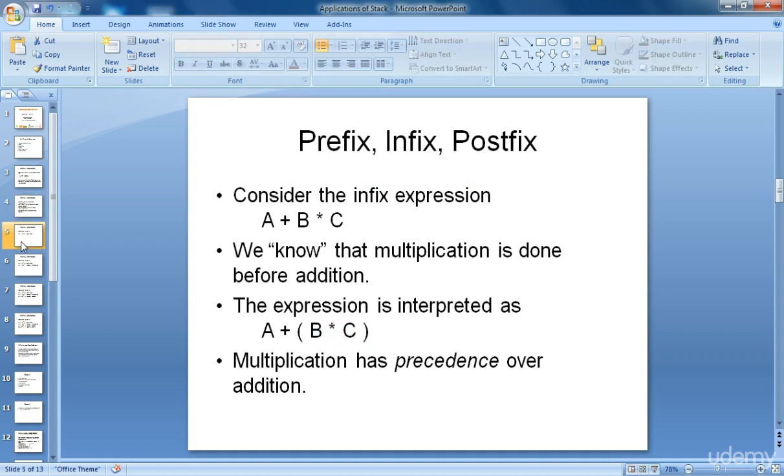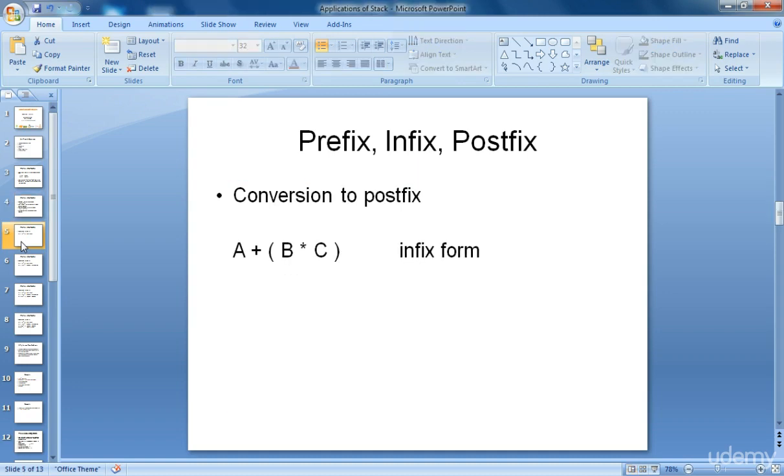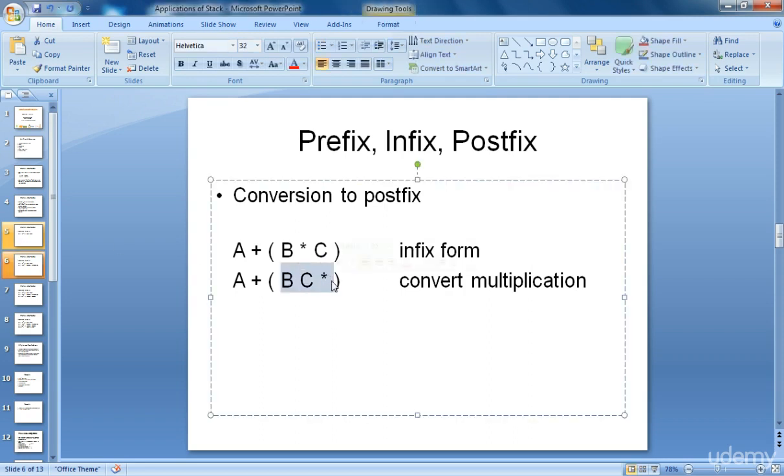So now let's try to convert an infix expression into a postfix form. We have a plus bracket start b multiply c bracket close. So first we will evaluate the brackets because brackets have the highest precedence. So we converted b multiply c into bc, and then we take the operator out and we place it at the right hand side, right?